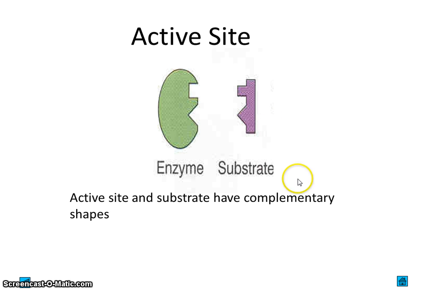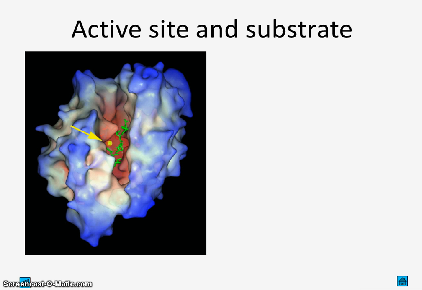And so here's a very important word. We talk about the active site of the enzyme and the substrate as having complementary shapes. You can sort of see what that means here. It means that when you put one next to the other, they fit precisely together. They complete, in other words, a much larger shape.